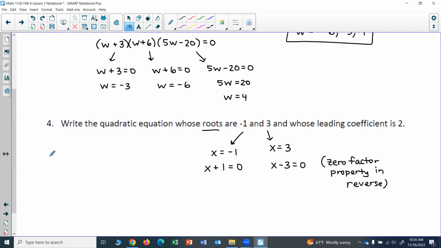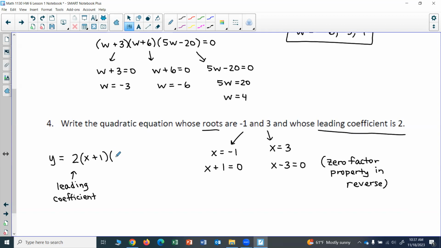And so my quadratic equation would be y equals, and the leading coefficient of 2 can be written out front. So I'm going to put the 2 out front. That's my leading coefficient. And then for the first factor, I'll put x plus 1.